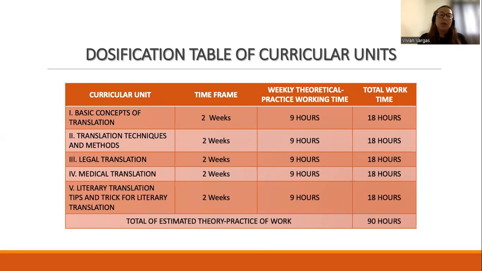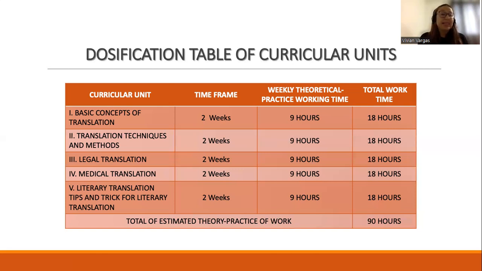Then we are going to be exploring legal translation. We have a lot of practice over there. We need to practice. We need to get involved with the terminology, okay? Then we have medical translation, the same, okay? We need to learn many body parts, illnesses, all kinds of diseases, so we can be able to translate medical documents.